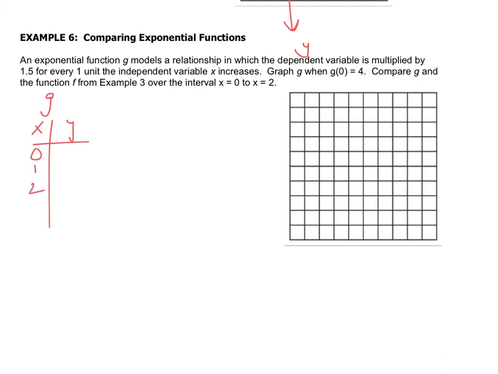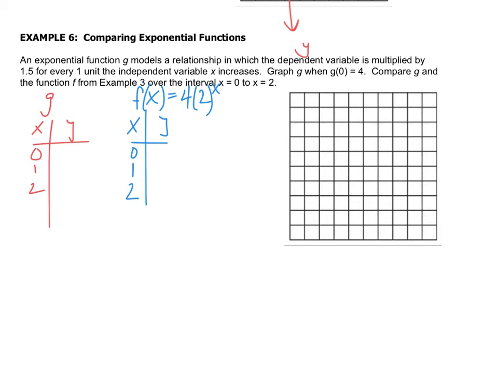And then let's do the function f in blue over that same interval, 0, 1, and 2. So that function f, f of x, that was, remember, the 4 times 2 to the x. And we don't know what g is yet, but we do have some information, and we'll look at that in a second.